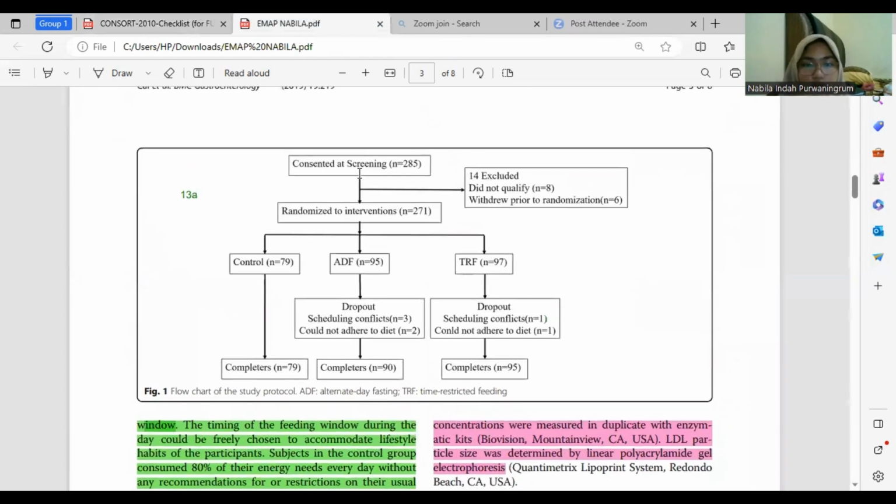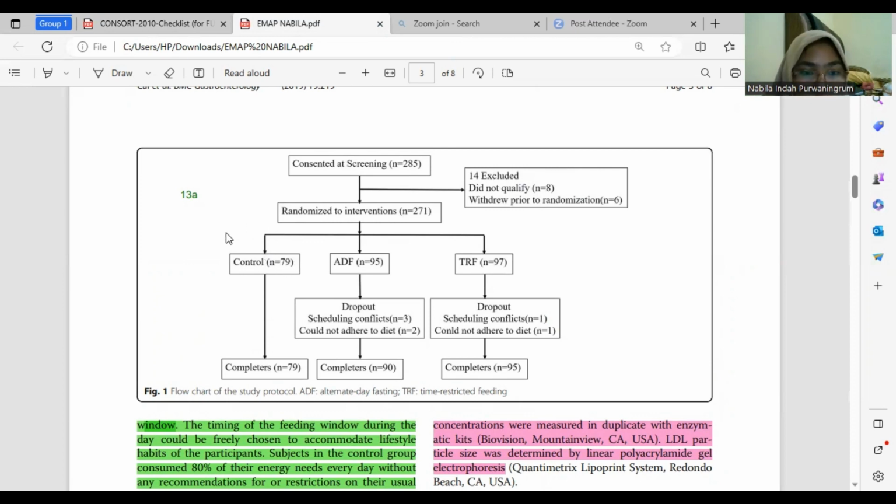In the screening, there are 285 people getting screened, but 14 people were excluded because they didn't qualify, 8%, and some withdrew prior to randomization, 6%. And then 271 people are getting the intervention.